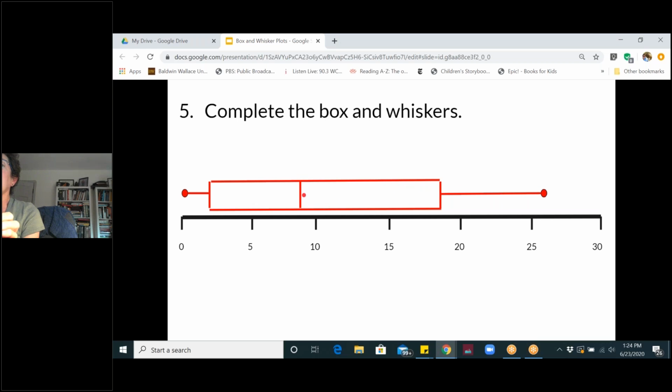That means I have the exact same number of numbers from here to here and from here to here. But these are more spread out. So I've got more spread here, and more students clumped down here in the lower numbers.